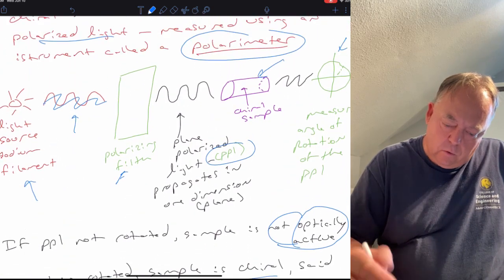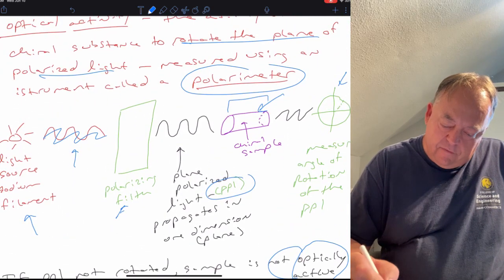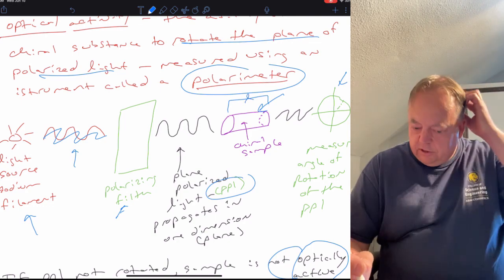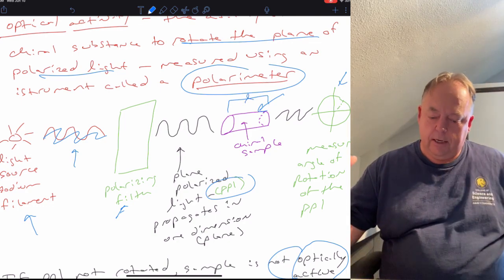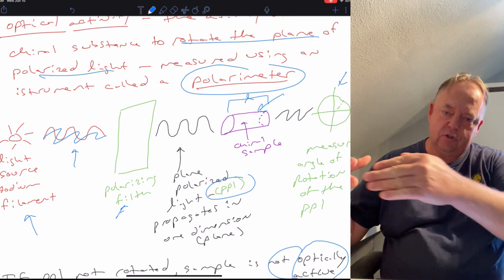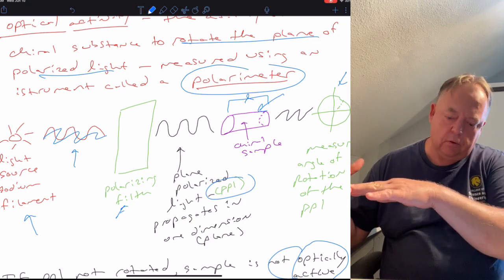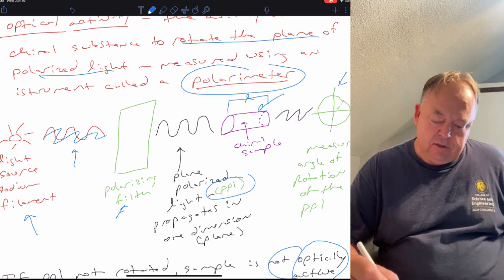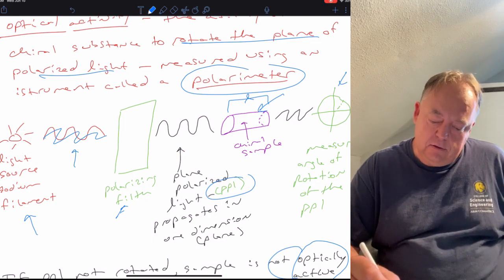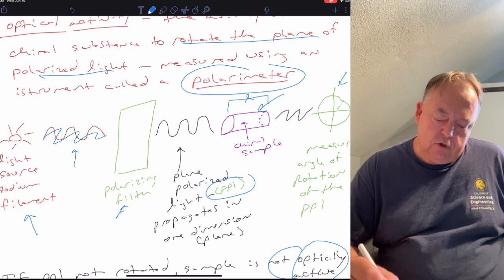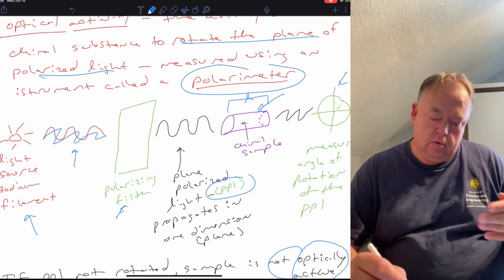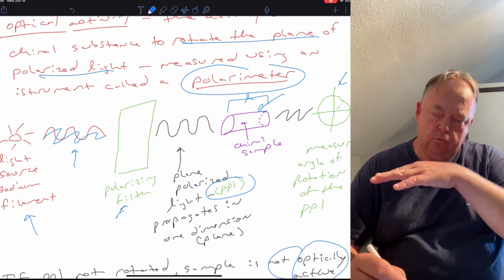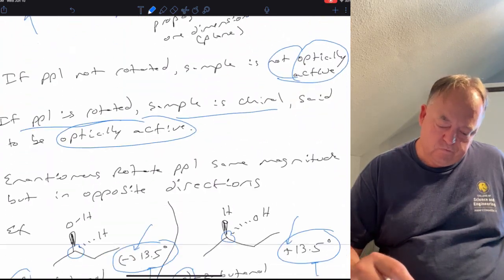So l would be the length of this cell, because obviously as the cell is longer, the plane polarized light is in contact with the chiral substance more, and it's going to rotate plane polarized light more. And it should be concentration dependent, because the more sample in that chamber, the more concentrated it is, the more the light is going to interact with the molecules and rotate plane polarized light more.